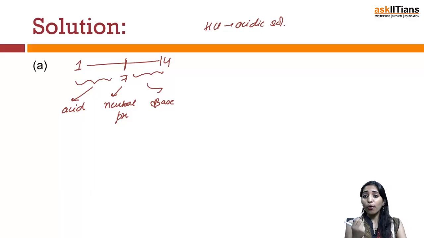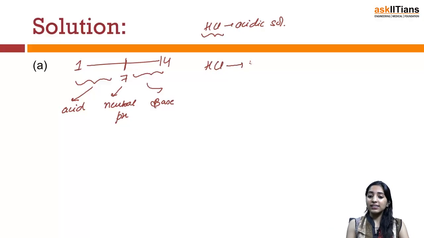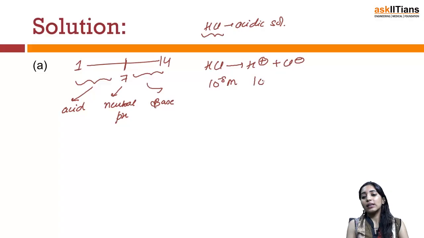So where is the point where we are getting moved away from the correct answer? We all know that if a small amount of HCl is dissolved in a given amount of water, there will be two reactions taking place. One is HCl forming H positive plus Cl minus. So if it's 10 to the power minus 8 molar, I will be getting 10 to the power minus 8 moles of H positive from the dissociation of HCl alone.